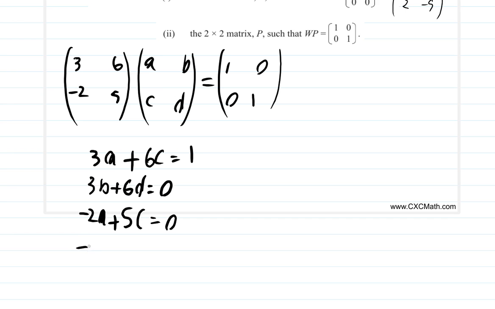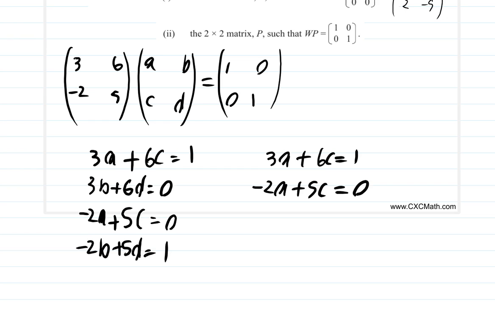So it's negative 2B plus 5D equals 1. How can we figure these out now? We could say 3A plus 6C equals 1 and negative 2A plus 5C equals 0. That's a pair of simultaneous equations. Alright?